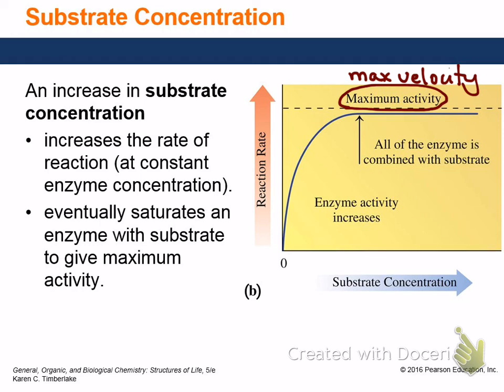Vmax is what we like to call it, because we hate saying velocity all the time. Vmax is limited by the concentration of enzyme, and you can't just keep shoving substrate into the enzyme. Eventually, it has to max out at some point.